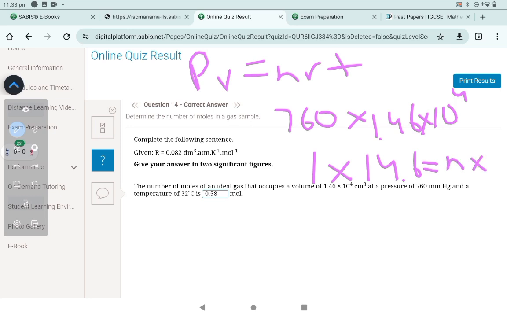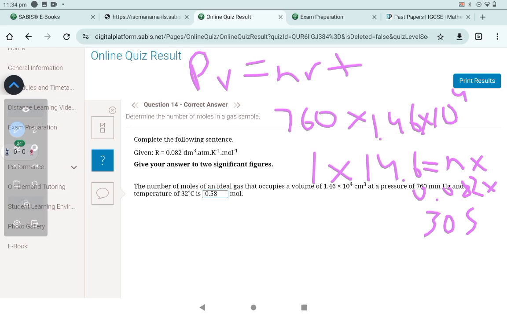14.6 is equal to n times 0.082 multiplied by 32 Celsius plus 273. So 32 plus 273, we get 305. Now we do the math, 0.082 multiplied by 305.